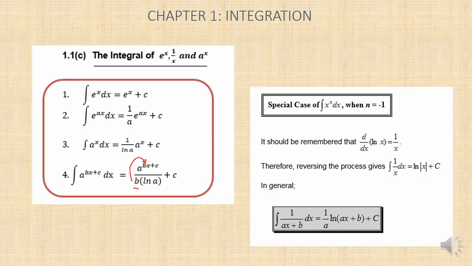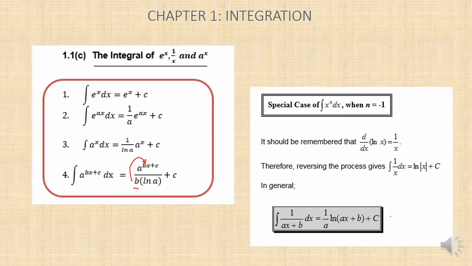So in general, we can conclude that the integral of the form 1 over ax plus b will be 1 over a times ln ax plus b, and don't forget plus c.